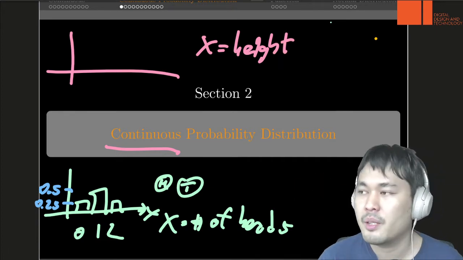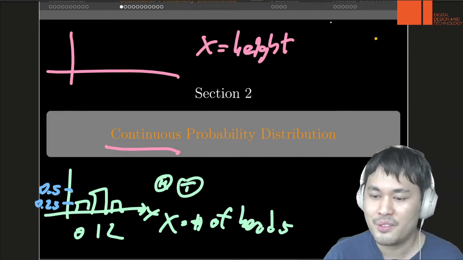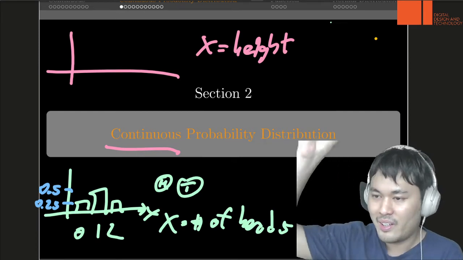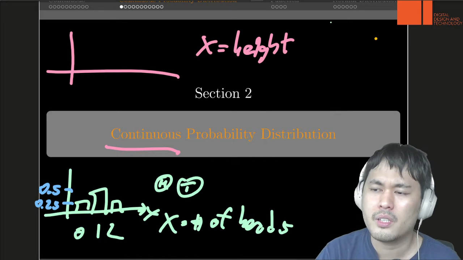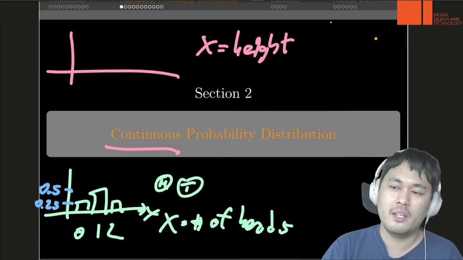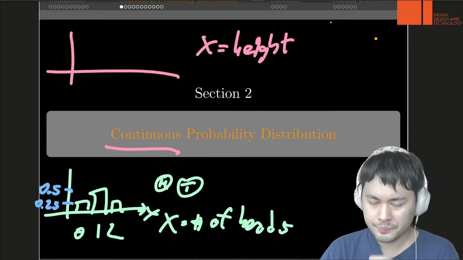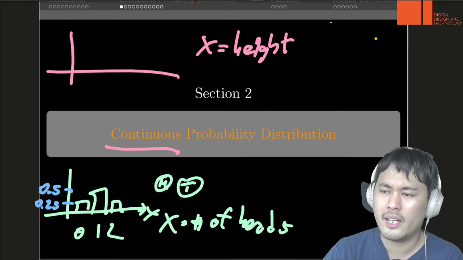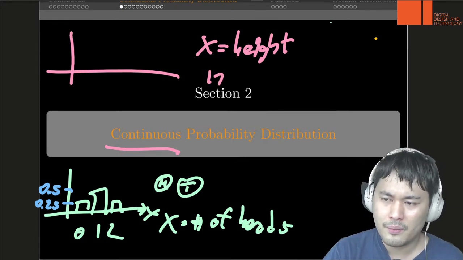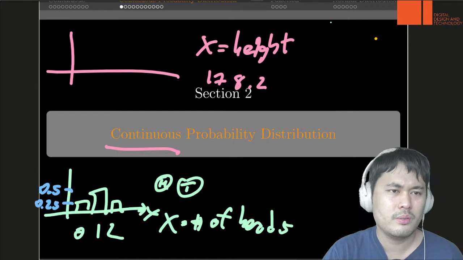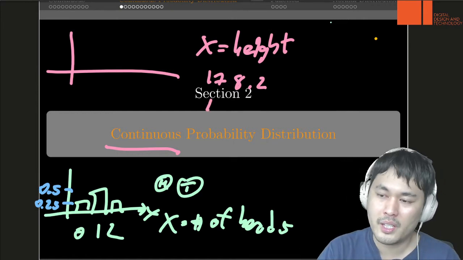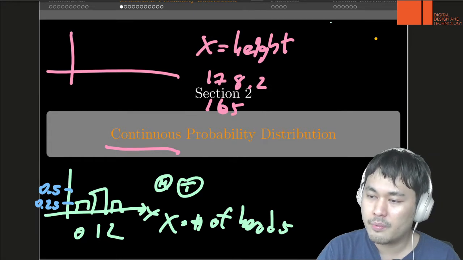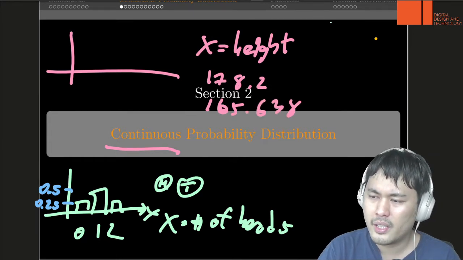I grab a random person on the street and measure their height, not just ask, but actually measure it using a ruler or something. I will get a number that represents his or her height, something like 178.2 or something. Maybe the next person is like 160.638 or something.